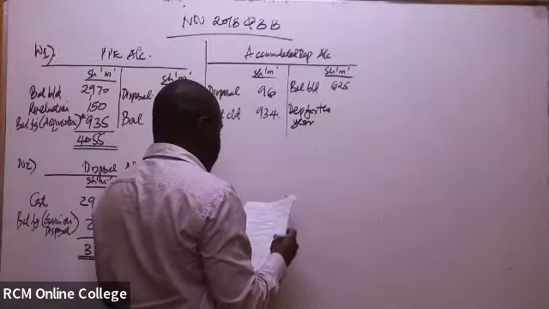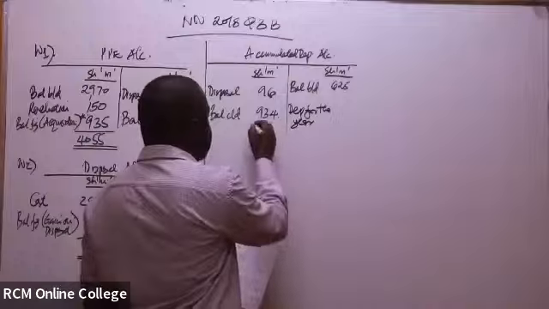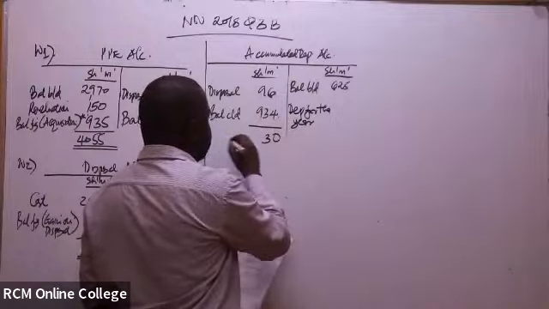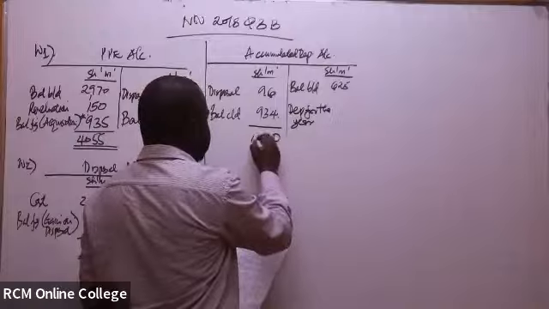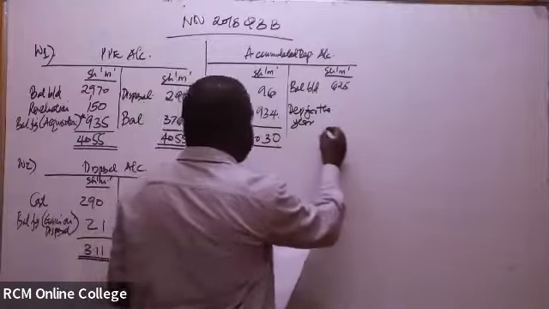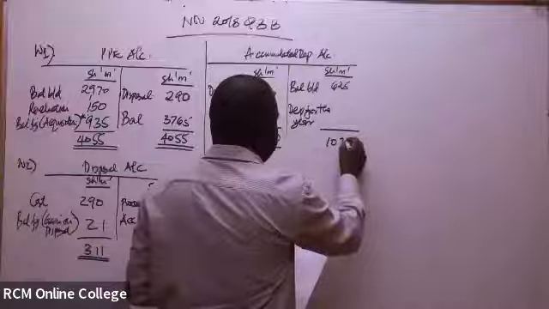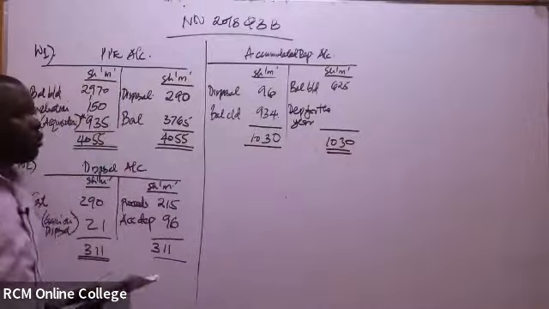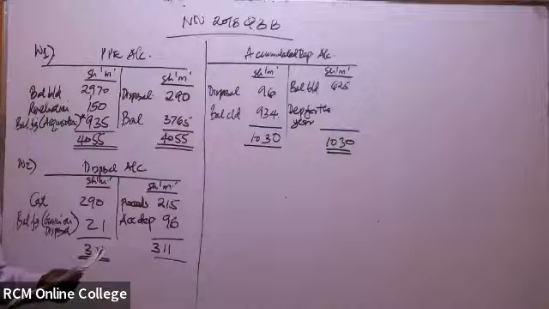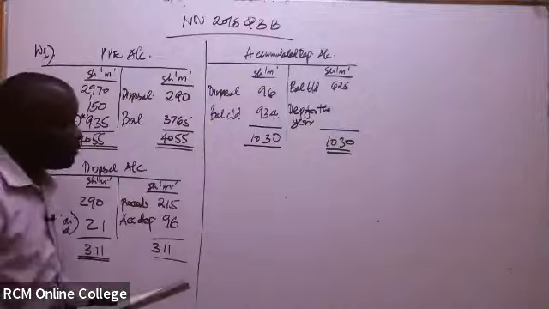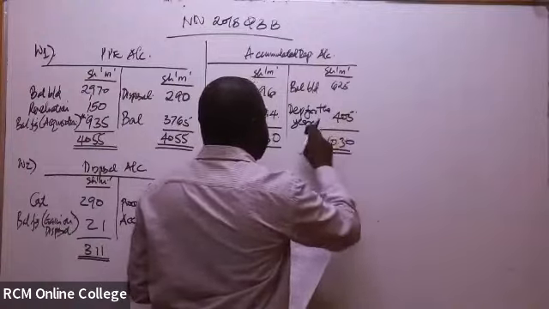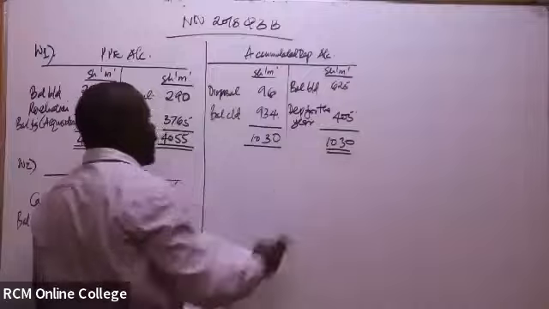And of course, you can add. So this one comes to 0, this one is 13, this one is 10. Is it 1030? So 1030 minus 625. What do you get? You get 405. So this is the depreciation charge for the year.